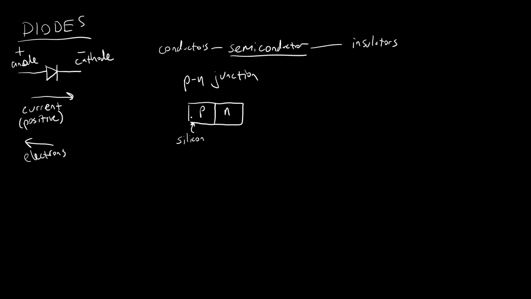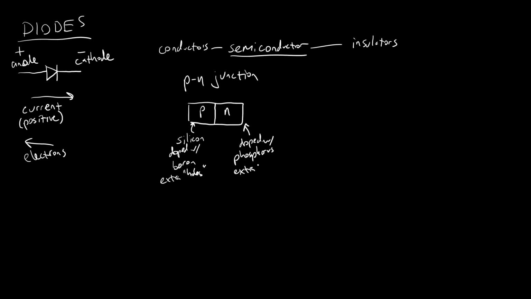So the P-type silicon is doped with boron, and that gives it extra holes, or mobile positive charge carriers. If you think of the absence of an electron as the presence of a positive charge, there are extra holes in the P-type that can move around. And then the N-type is silicon doped with phosphorus, which gives it extra mobile electrons.